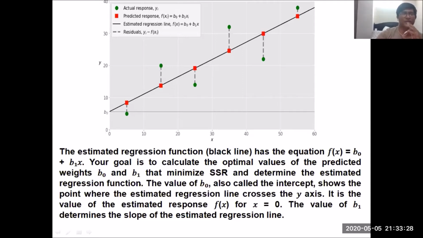The goal is to calculate the optimal values of b1 and b0, as we have just covered, that is the slope and the intercept, right? And we have to minimize this SSR value. That is what we would be trying to do while fitting the model.